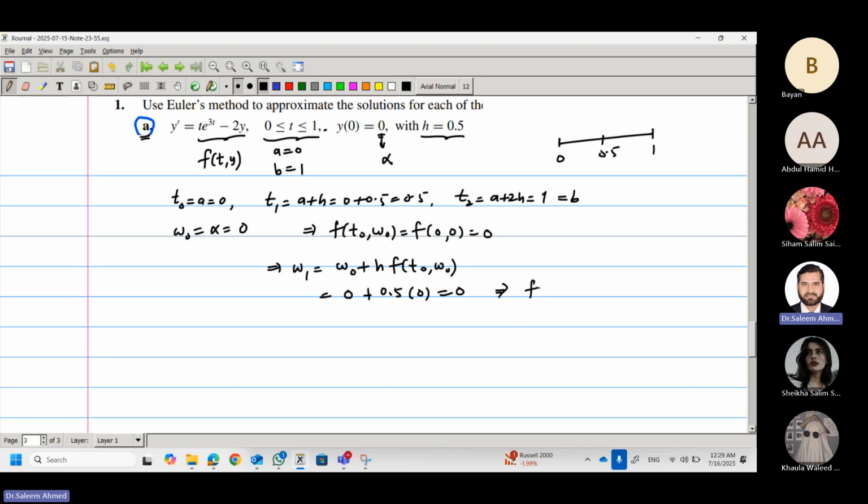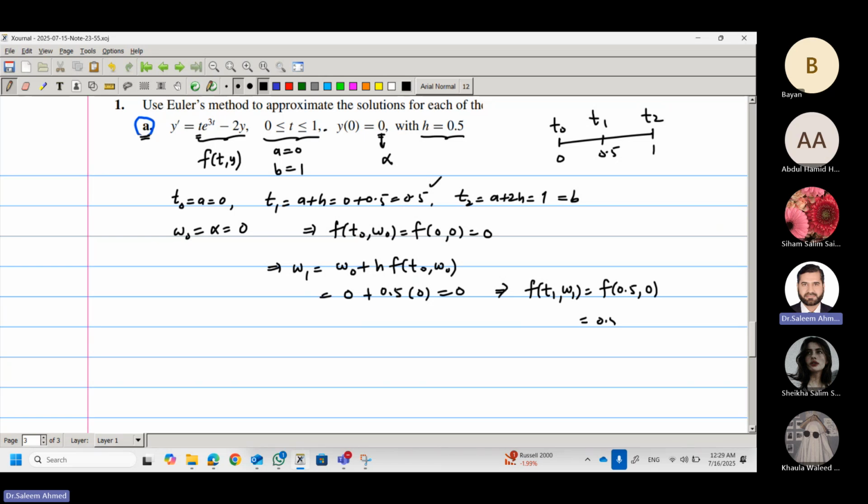Now find the function value at t1, w1. The next point. So t1 is 0.5. This is t0, this is t1, this is t2. So f of t1 is 0.5. W1 is still 0, but now my t is 0.5.